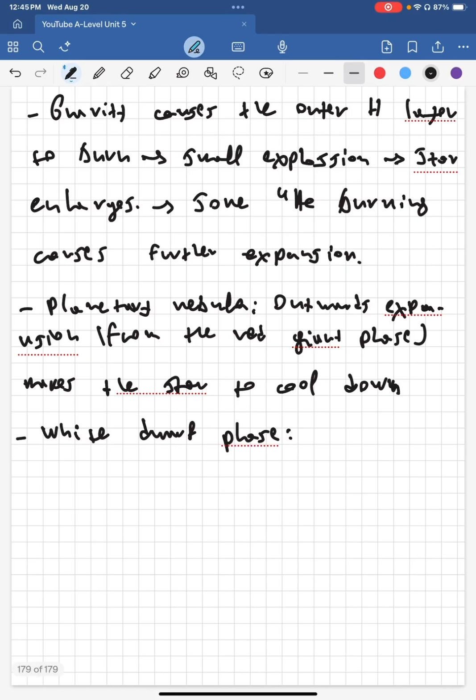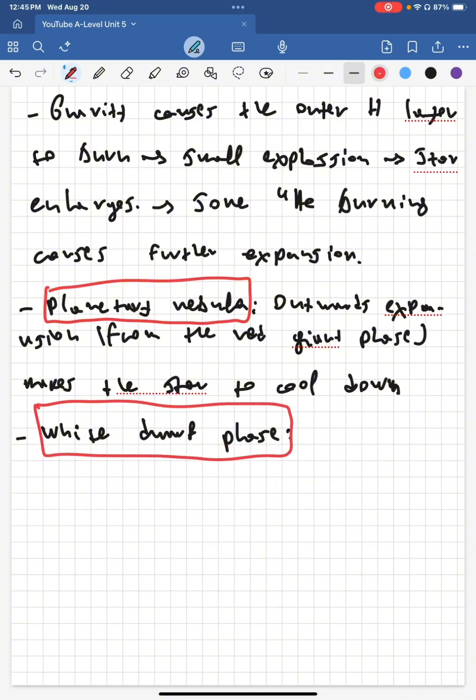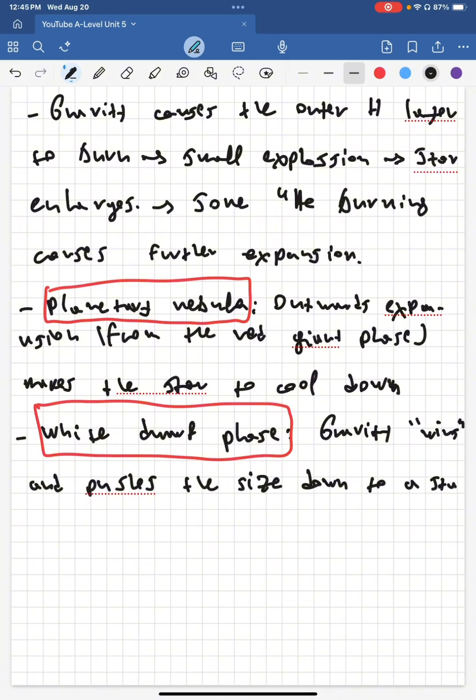So gravity, actually let me put boxes in these distinct phases. So in the white dwarf phase, gravity wins. Let's put this in quotes, and pushes the size down to a stable size. Okay. And what happens is that all white dwarfs in the universe have the same size.